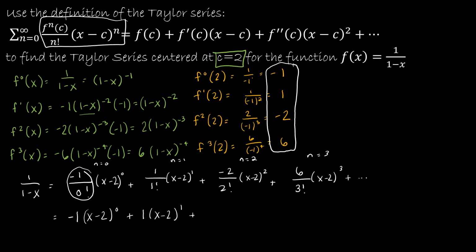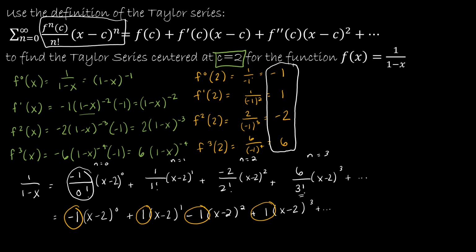And this is negative 2 over 2 factorial, which is 2 times 1, which is 2. So negative 2 over 2, which is negative 1, and then x minus 2 squared. And then the next one is 3 factorial, 3 times 2 times 1, which is 6. So that's 6 over 6, or 1, x minus 2 to the third. So I can see the pattern now is that the coefficient is negative 1 and positive 1 alternating.